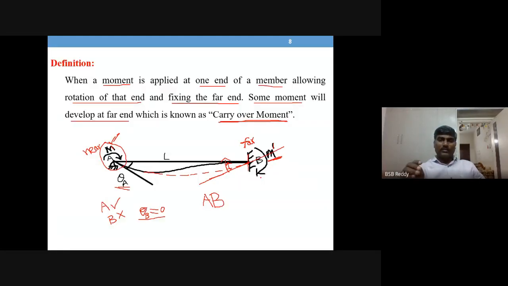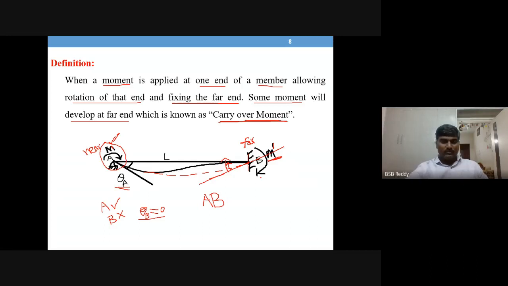Once again, carryover moment means the moment developed at the far end of a member fixed at one end and hinged at the other end. When we apply some moment at the hinged end, the moment developed at the fixed end is called as carryover moment.